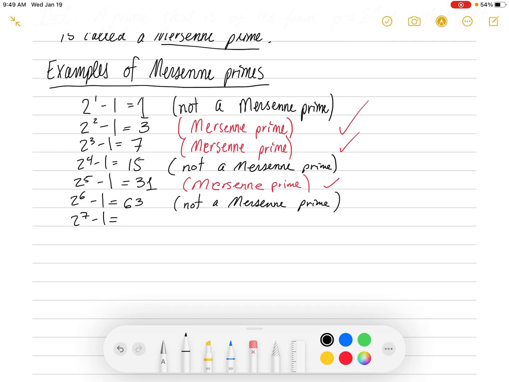And 2 to the 7 minus 1 would be 128 minus 1, that's 127. 127 is a prime, so this is a Mersenne prime.